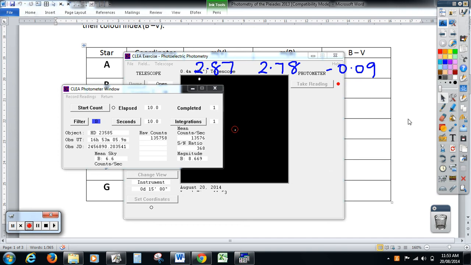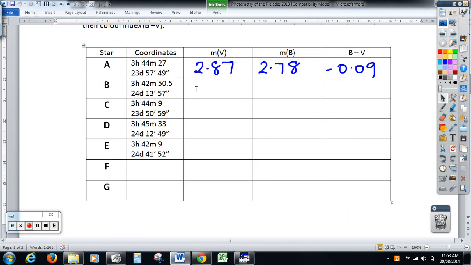So let's put this onto our data up here on the final sheet. So this one here is going to be 3.88. This one over here is 3.81, and this one here was 8.373 and 8.669.